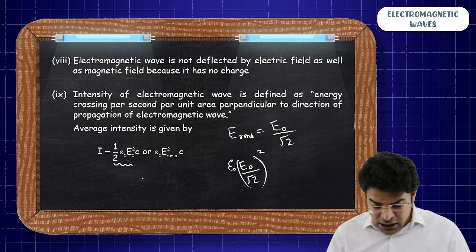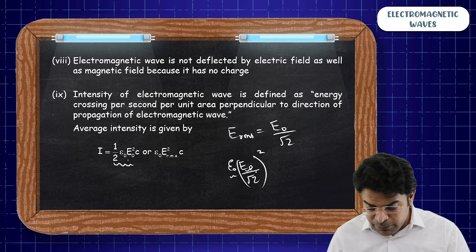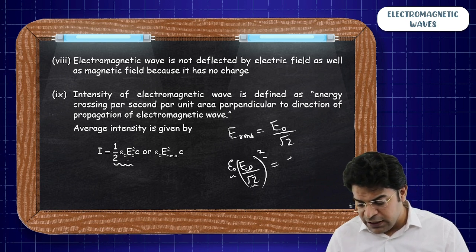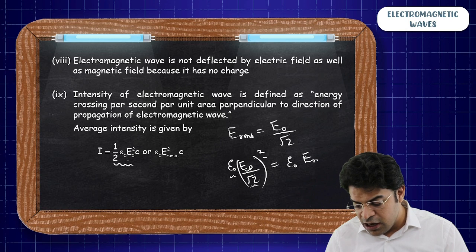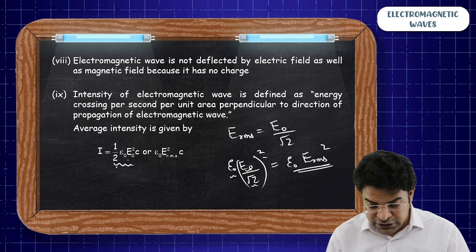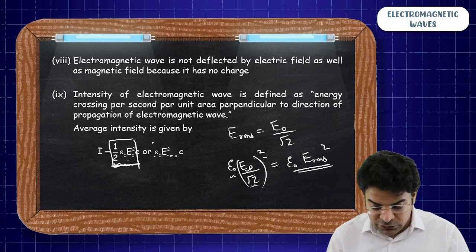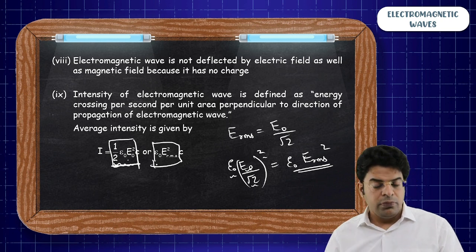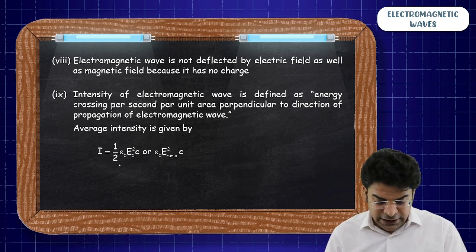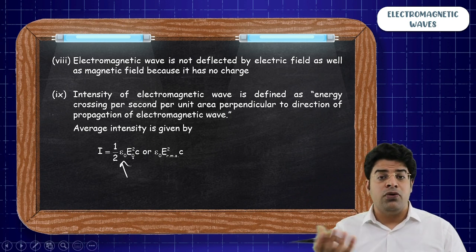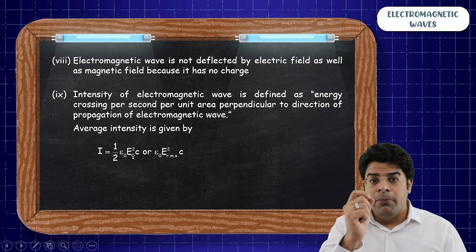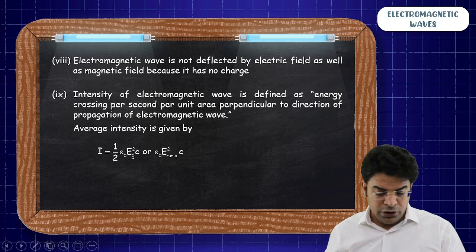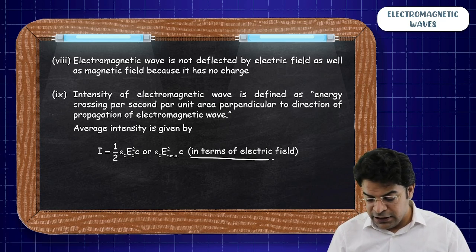So this epsilon naught into E peak by root 2 whole square can even be written as epsilon naught times E RMS whole square. So these two are one and the same thing. Similarly, rather than writing half epsilon naught E peak whole square, you can write B peak whole square by 2 mu naught. So this is how you write the intensity in terms of electric field.